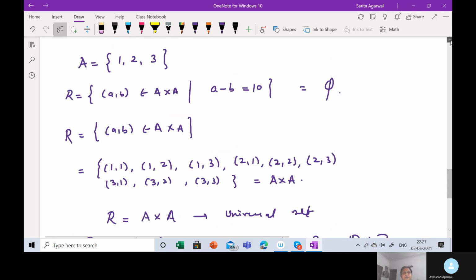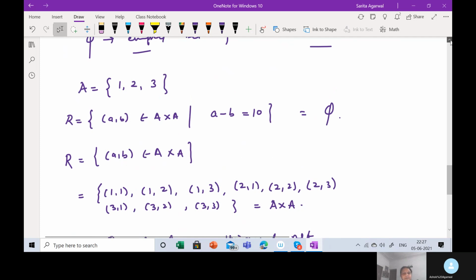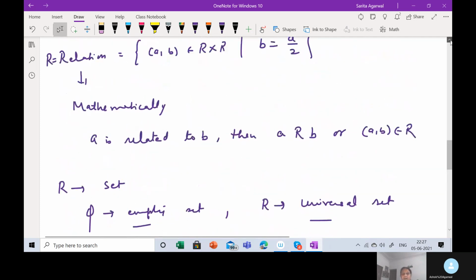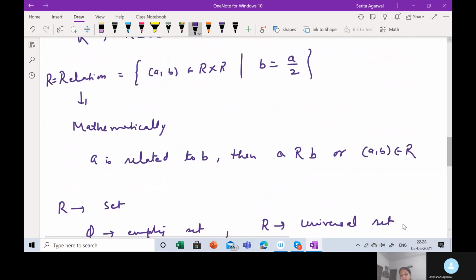So here this R is a universal set if it is equal to the Cartesian product of the set.